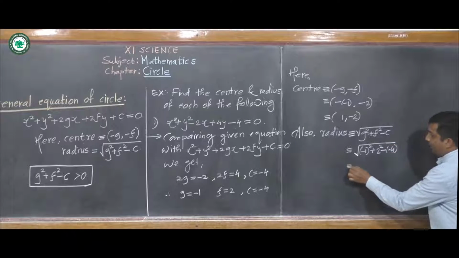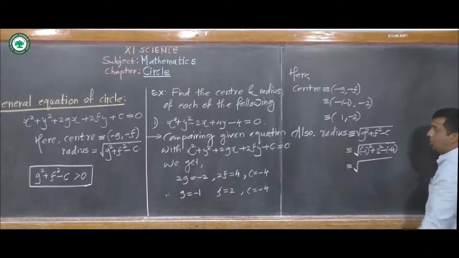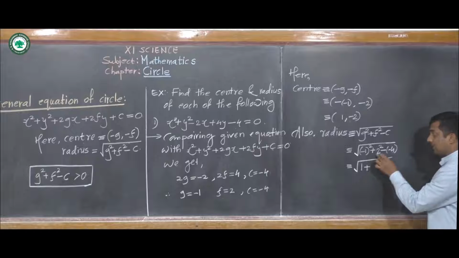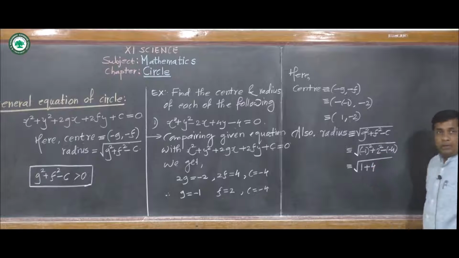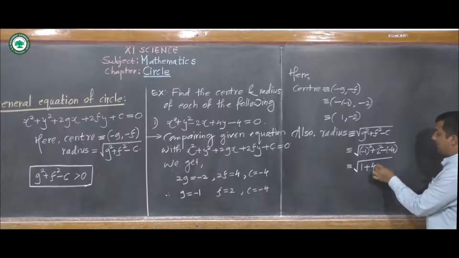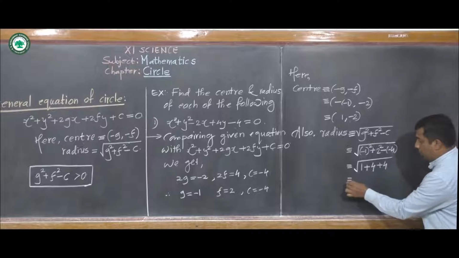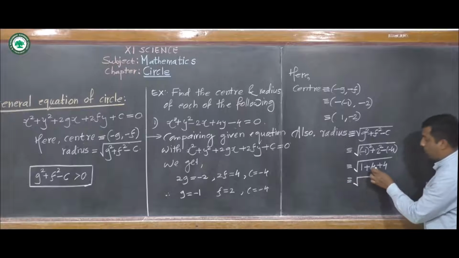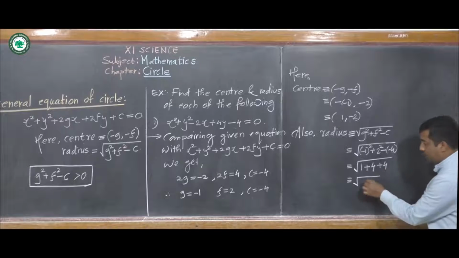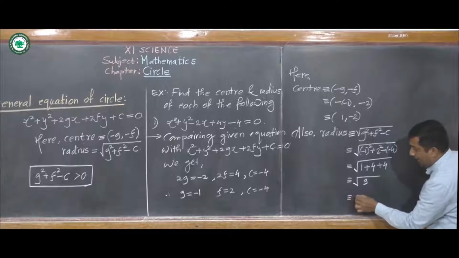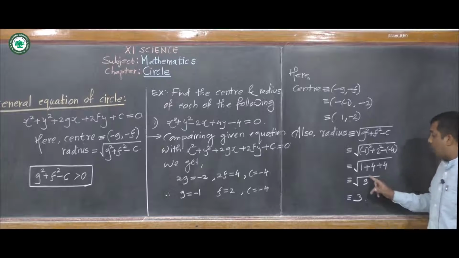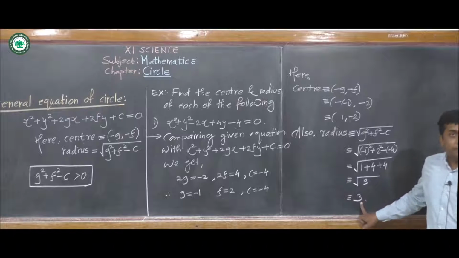Now inside the square root, minus 1 square is 1, plus 2 square is 4, then minus of minus is plus, so plus 4. Inside the square root, 4 plus 4 is 8, 8 plus 1 is 9, and lastly we get the square root of 9, which is 3.